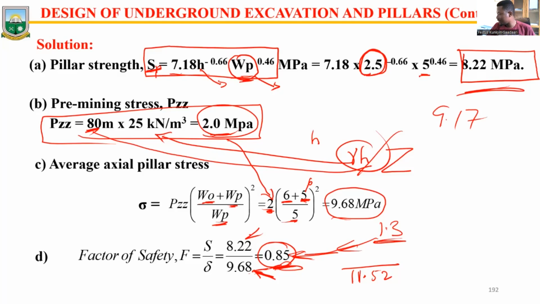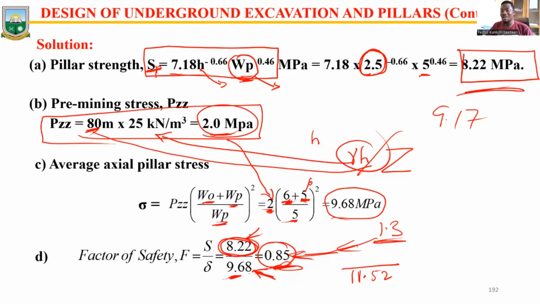Okay, so it means still, for us to have a factor of safety that is good enough, we should have this being greater than the stress, and still we are not making any visible improvement. So it means increasing the pillar width here is not working. And someone else also suggested we reduce the width of the pillar. So we did by increasing. So this is what we call sensitivity analysis.